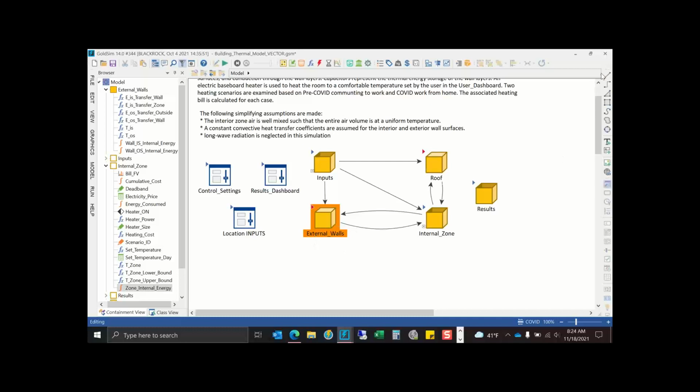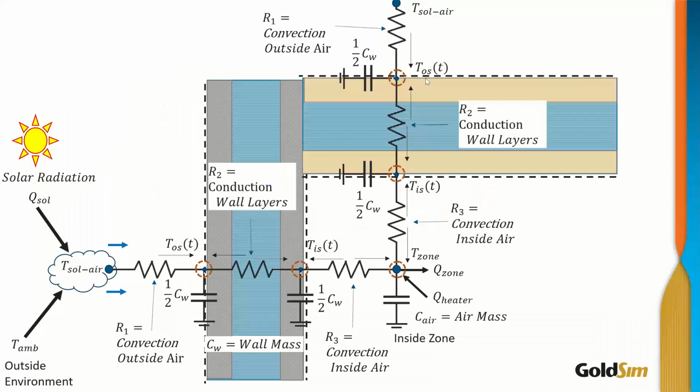Okay, let me switch back to my presentation to show. So now that we have seen that for the walls in the internal zone, we just apply the same methodology to the roof. This is a flat roof. It has the same T-solar air.